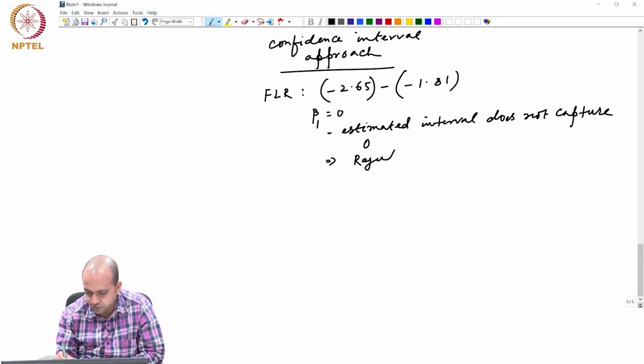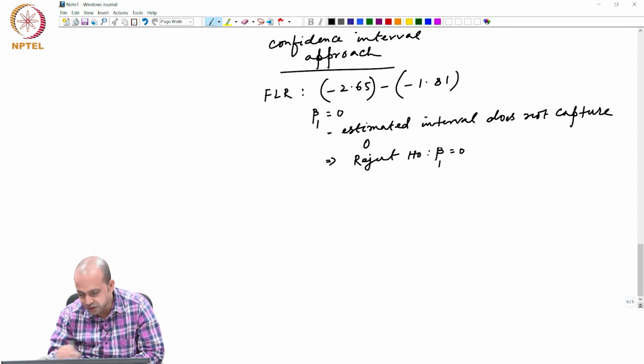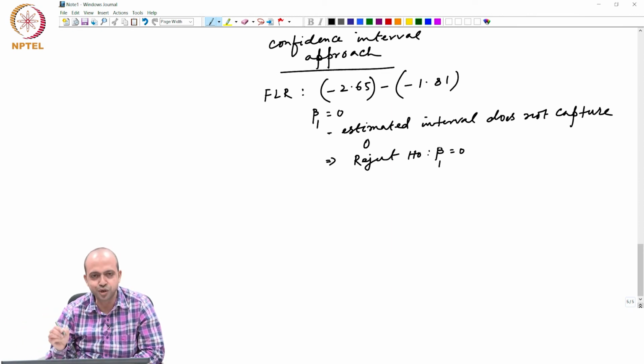Reject, since the interval fails to capture the hypothesized value of the population parameter. So, reject H0, which is beta 1 equals 0. That means when we reject this, we will say that beta 1 is actually significantly different from 0. So, that means FLR has significant impact on child mortality rate.